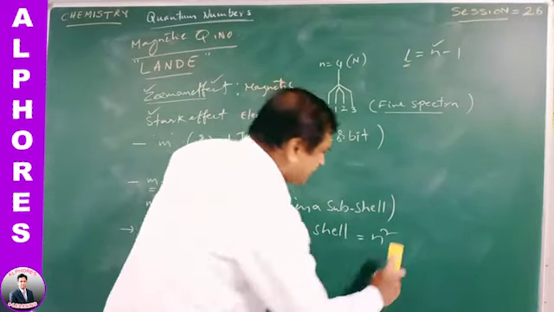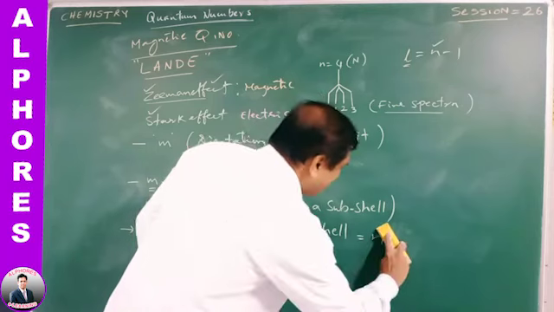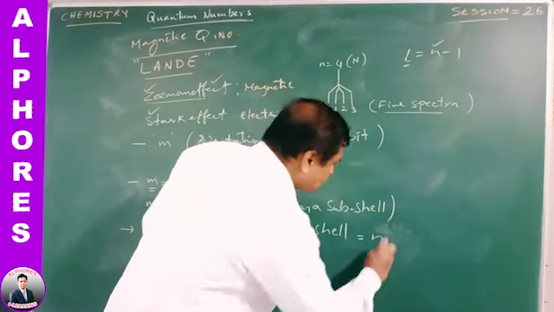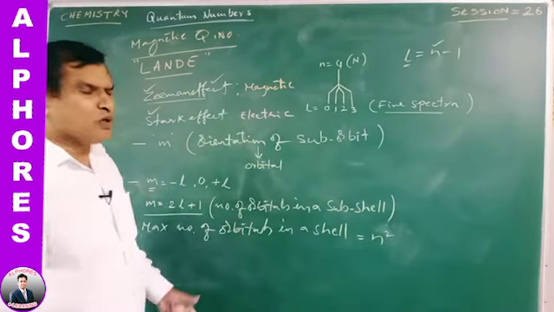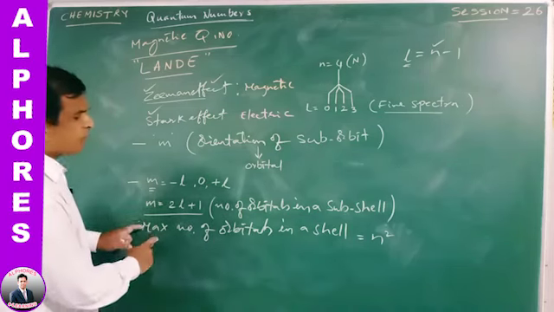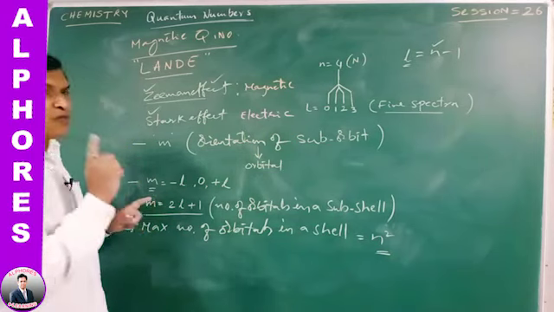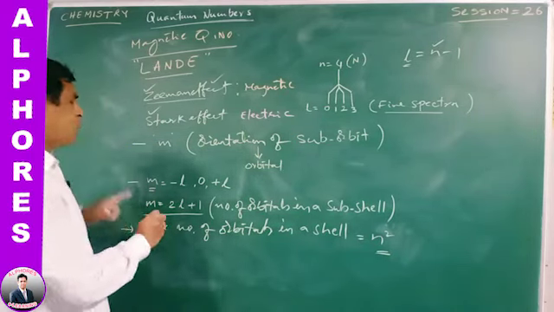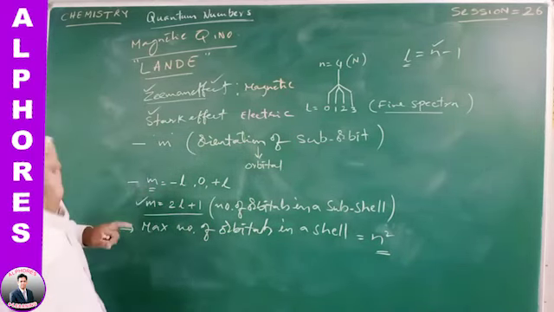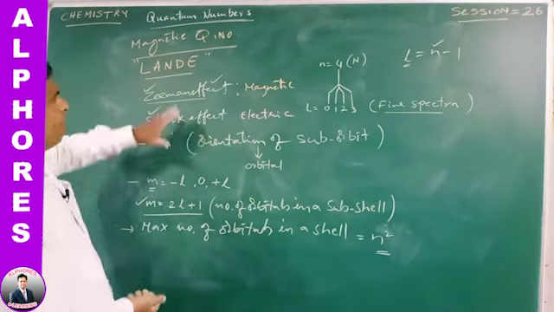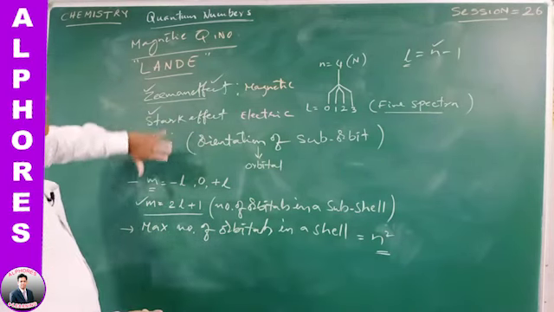For example, in the second orbit 2 square, in the fourth orbit 4 square. So the maximum number of orbitals in a shell equals n square, and the number of orbitals in a subshell equals 2l plus 1. Should not forget. This is the brief data about the magnetic quantum number.